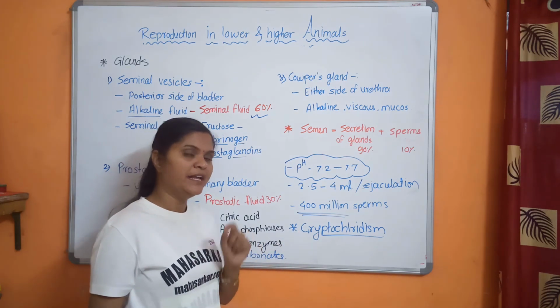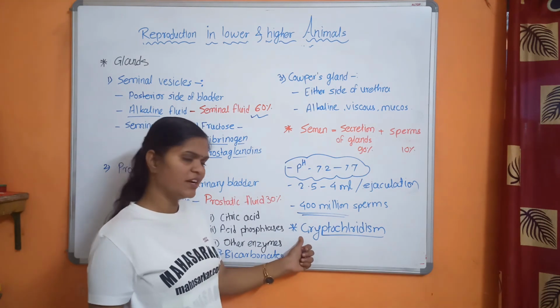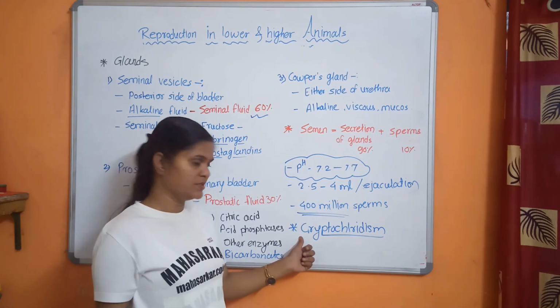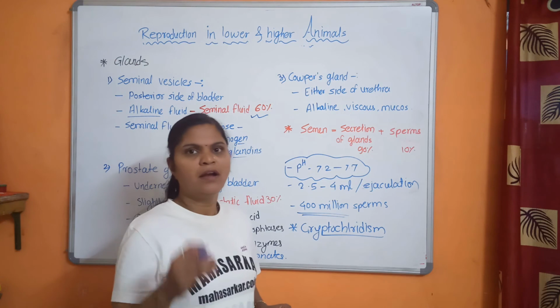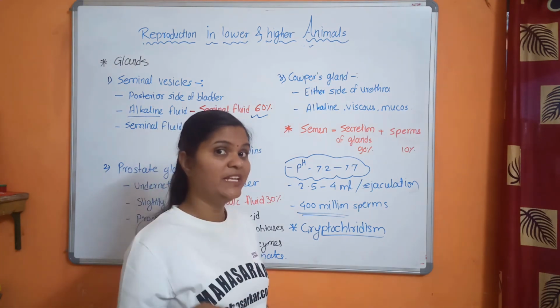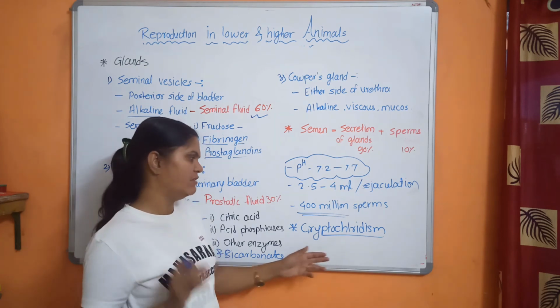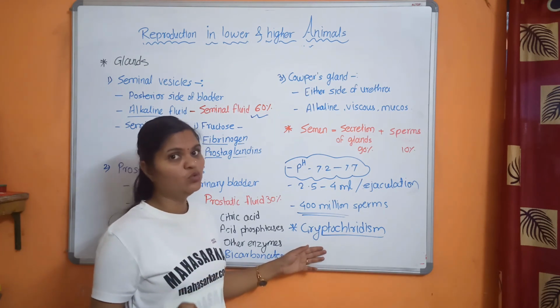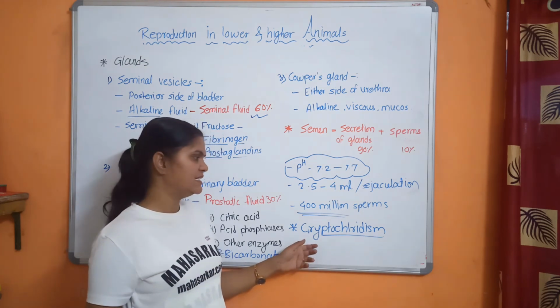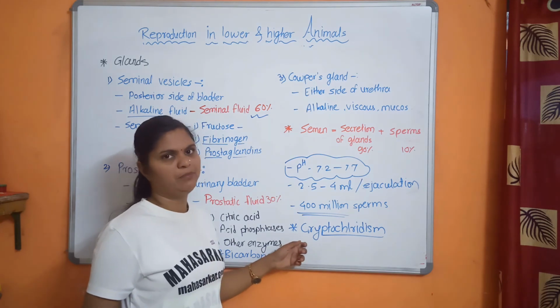During the development of the fetus, the testes descend from the abdomen into the scrotum during the seventh month. But if they are not able to descend into the scrotum, the condition is called cryptorchidism.